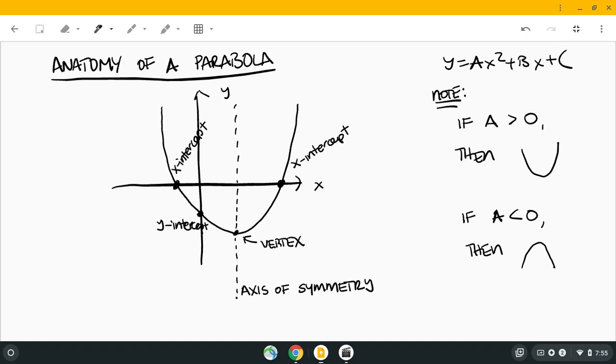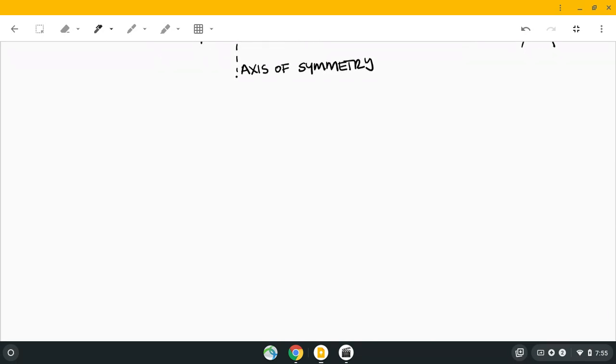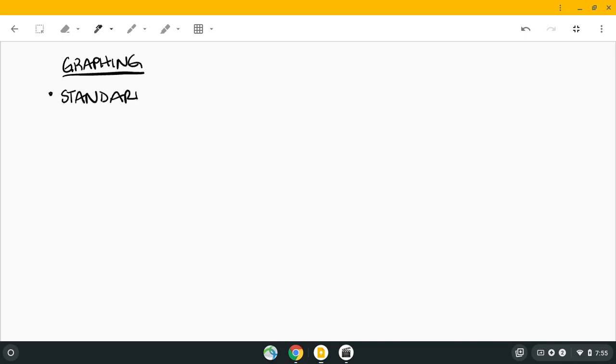All right. So let's take a look at graphing standard form. We're going to look at standard form, which is that trinomial, y equals ax squared plus bx plus c. All we need is the vertex.